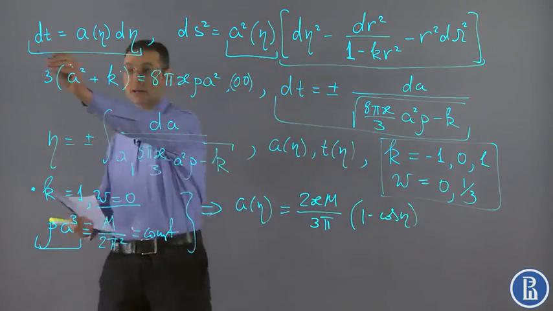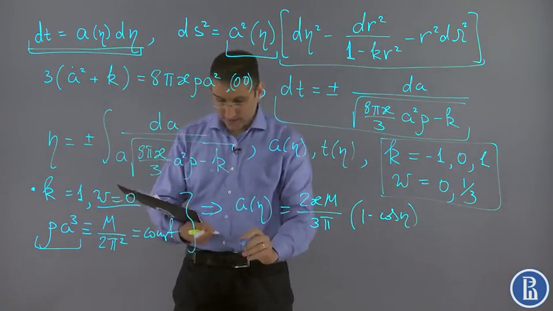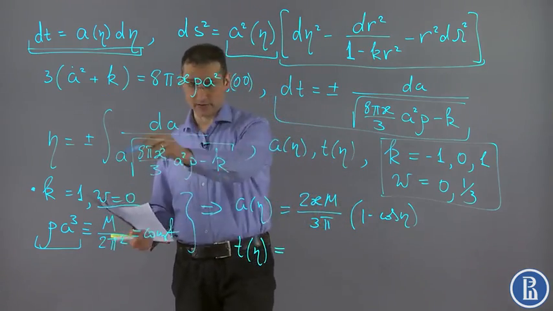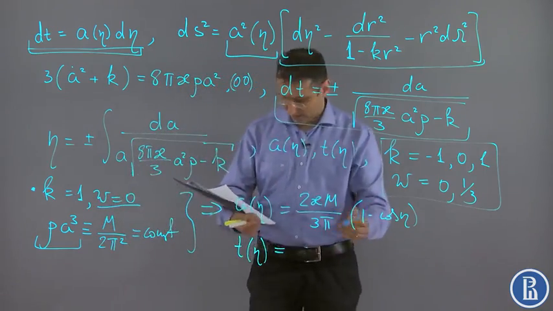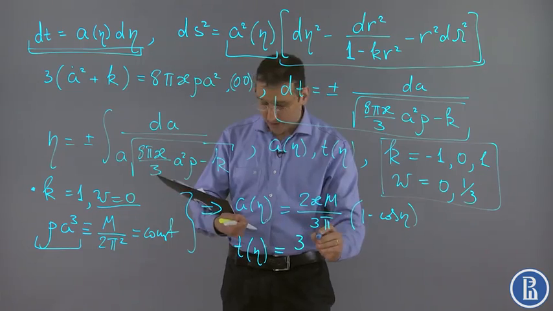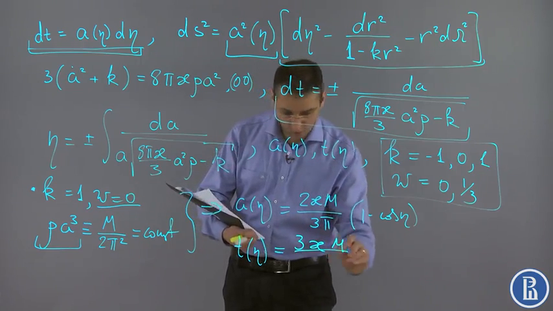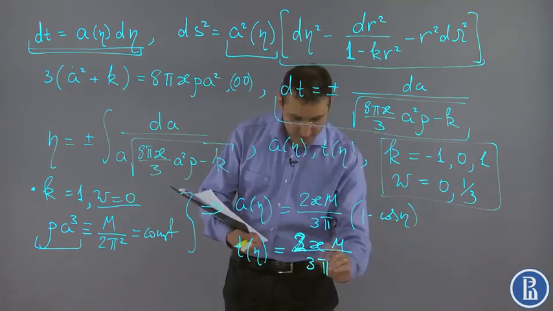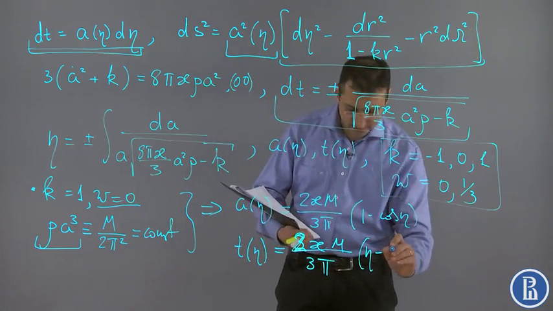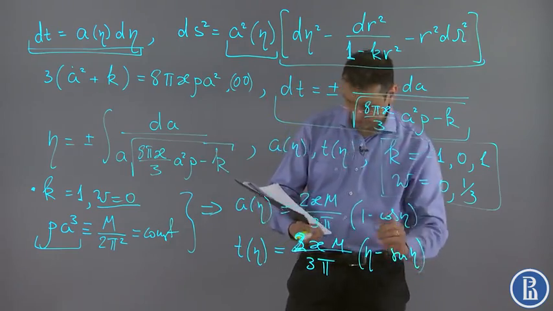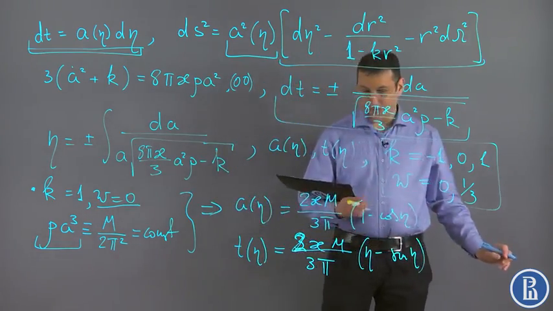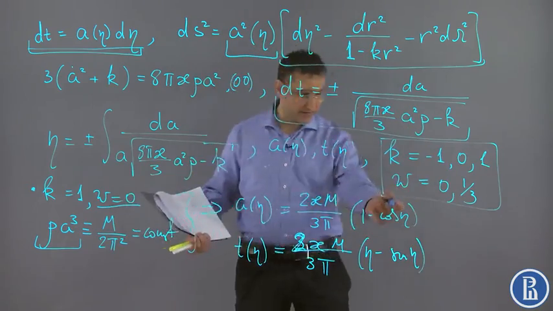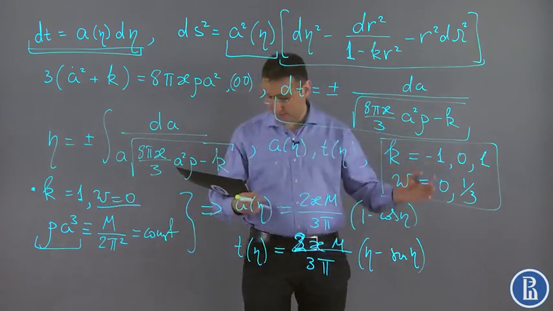And from this relation, we can find t of eta; of course, we have fixed the integration constant here and here, which sets up the initial conditions. t of eta equals 2 kappa m over 3 pi times eta minus sine eta. So one can see this is a solution we already encountered in the case of Oppenheimer-Snyder collapse. And then the physical meaning of eta is now obvious.